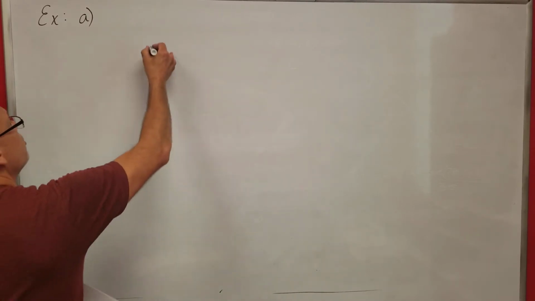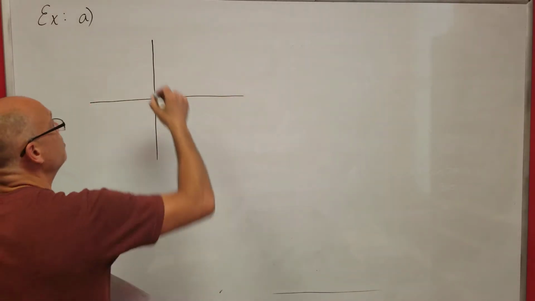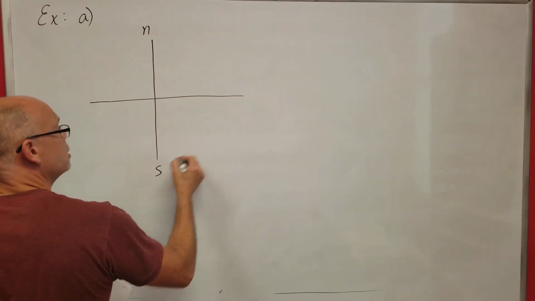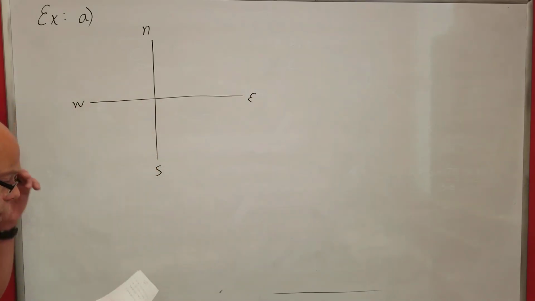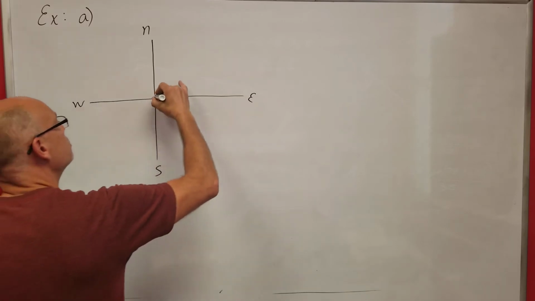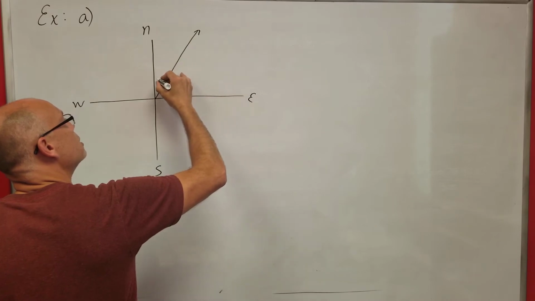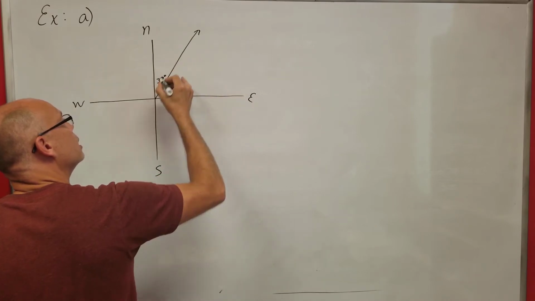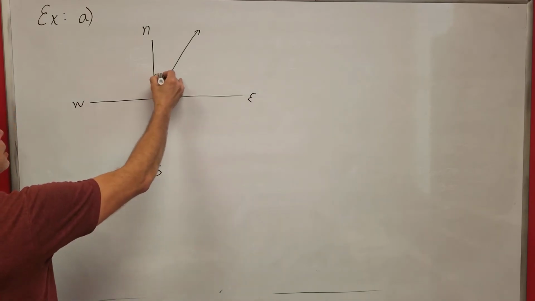Let's draw a picture of that part. All right, let's suppose this is my compass. North, south, east, west. Okay, it talks about the first boat at a bearing of north 39 degrees east. So it's going to be going something like this. North, 39 degrees east. That's this angle right here, okay?